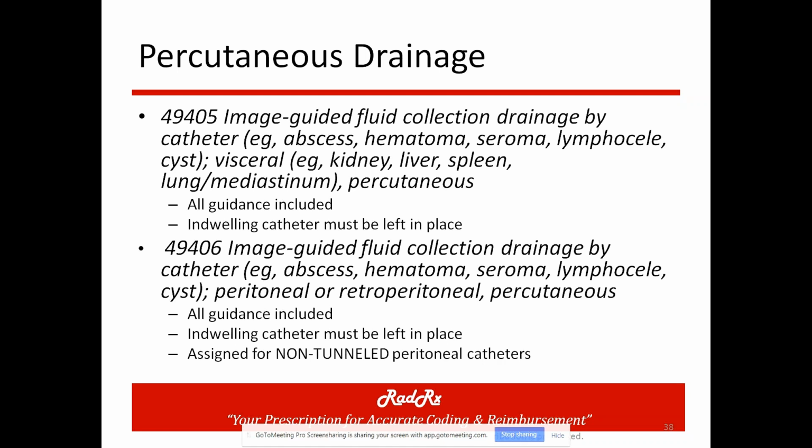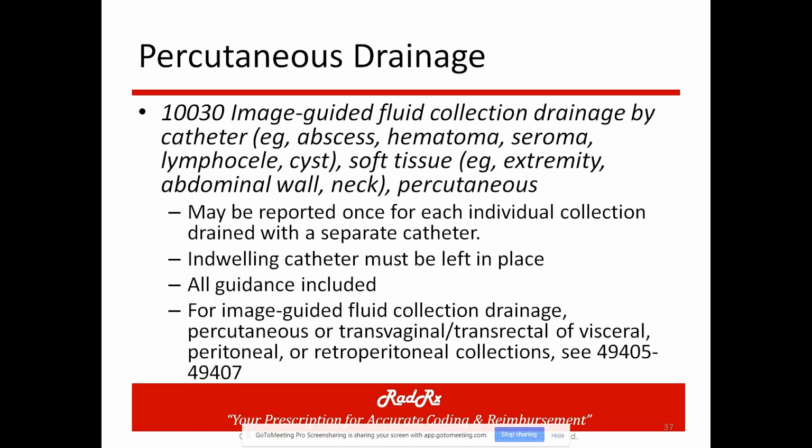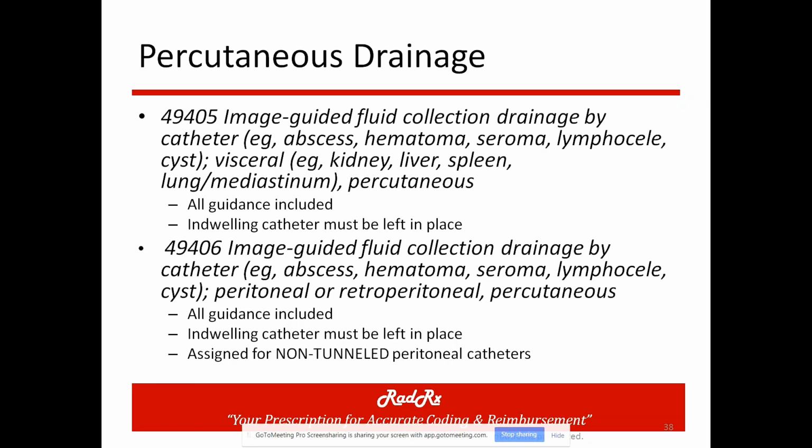So we're talking the kidney, the liver, the spleen, the lung, drainage of an organ. 49406, peritoneal or retroperitoneal drainage, that is going to be for the peritoneal or retroperitoneal space where they're placing the catheter. So in summary, 10030 is an abdominal wall, it's external. 49405 is internal organ. 49406 is the peritoneal or retroperitoneal space. So that's the difference, organ versus space on these two.